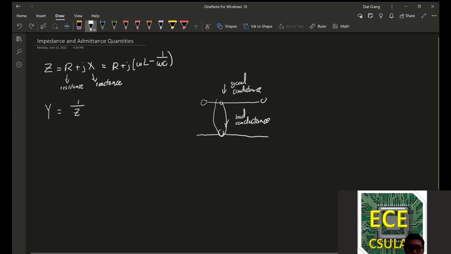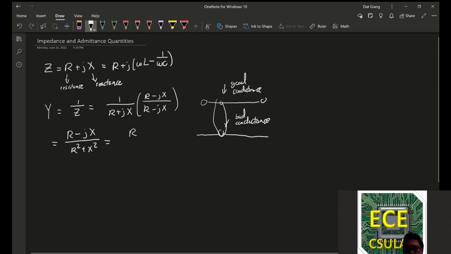Now, I want to expand this a little bit further. 1 over R plus jX. We use the complex conjugate, and we get the following: R minus jX divided by R squared plus X squared.